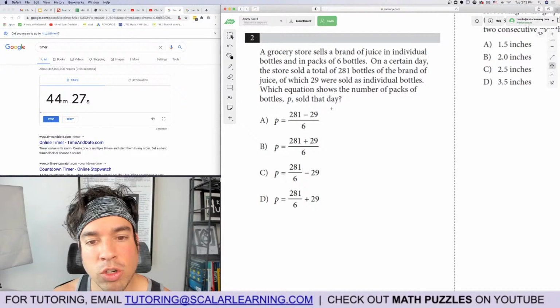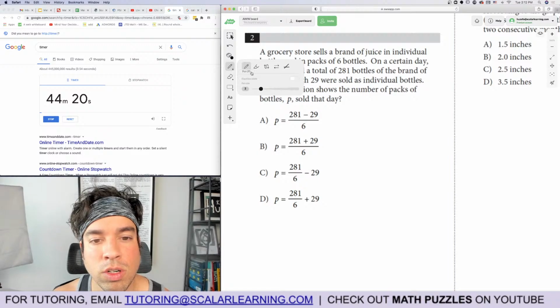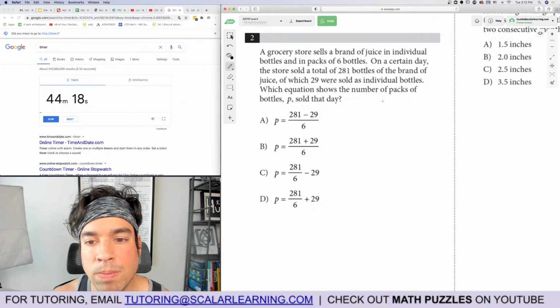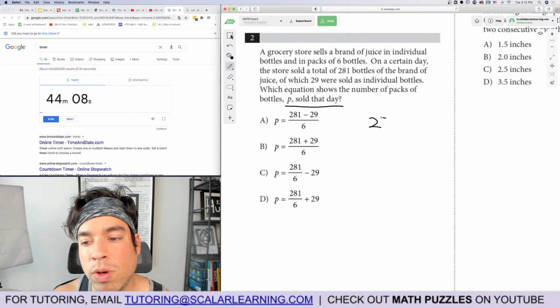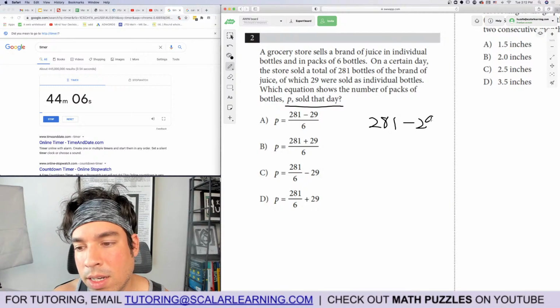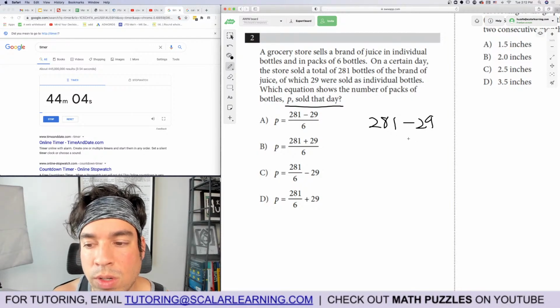Okay. Number 2, a grocery store sells a brand of juice in individual bottles and packs of 6 bottles. On a certain day, the store sold a total of 281 bottles of the brand of juice, of which 29 were sold as individual bottles. Which equation shows the number of packs of bottles sold that day? So we do 281 minus 29. That gives me the number of bottles sold in packs.